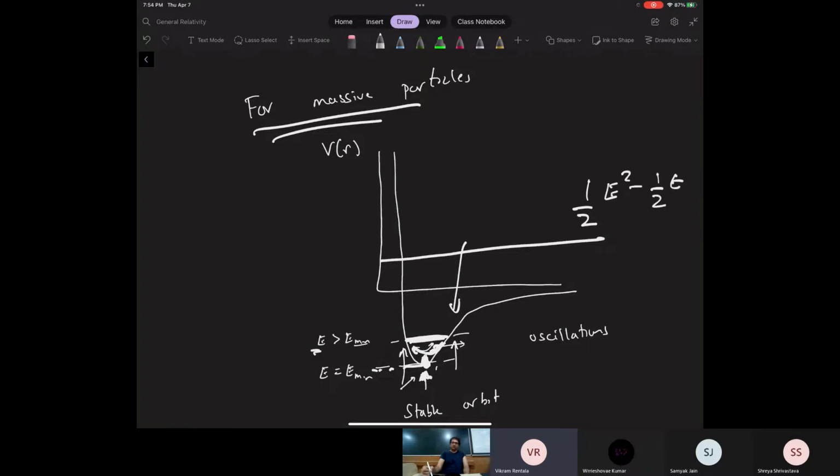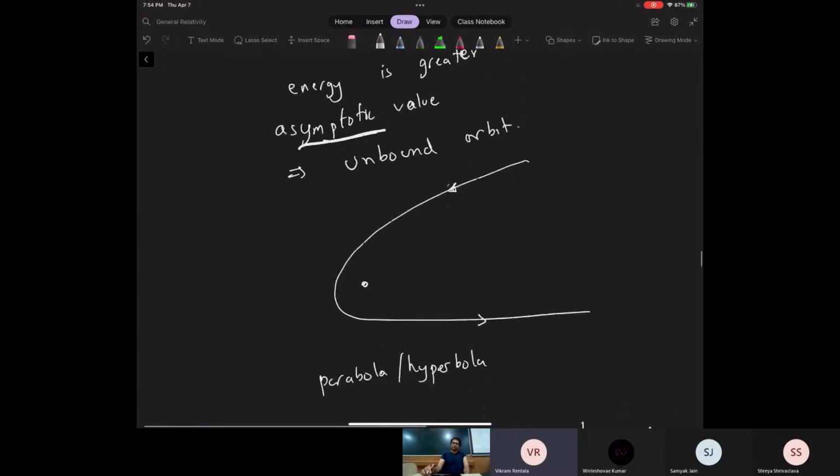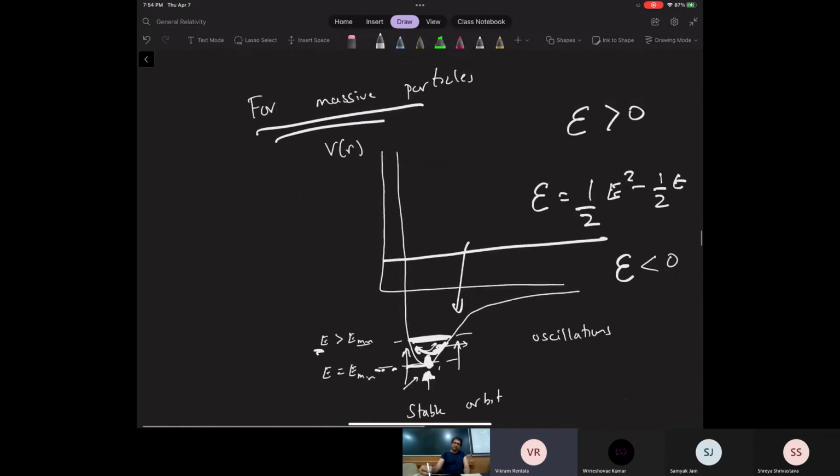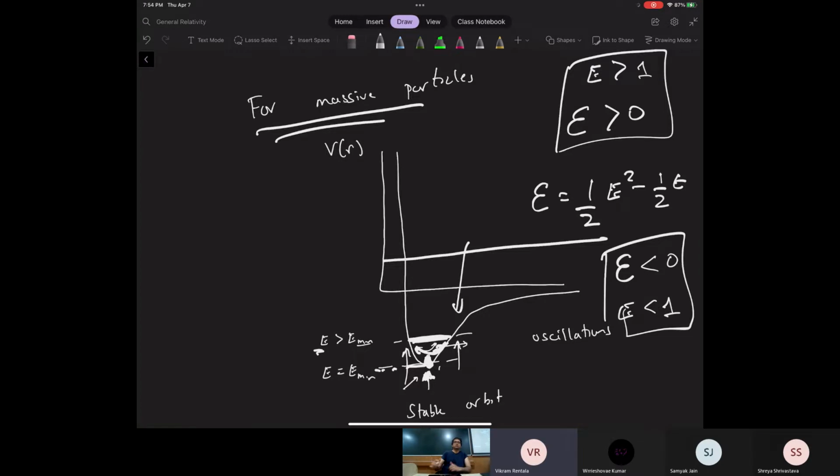So if I call this energy, it should be greater than 0 for me to have scattering states. I need it to be less than 0 to have bound states. So in terms of capital E, if E is greater than 1, I have unbound states. If E is less than 1, then I have bound states.